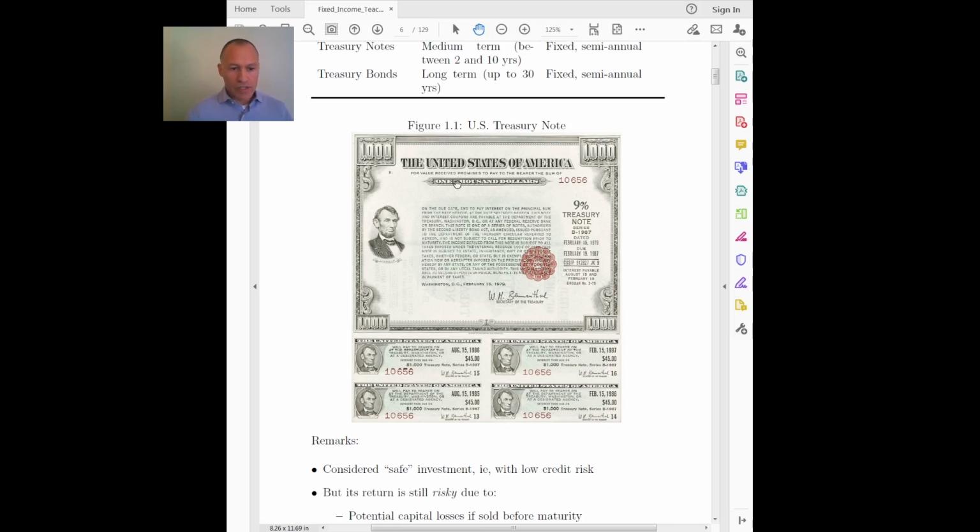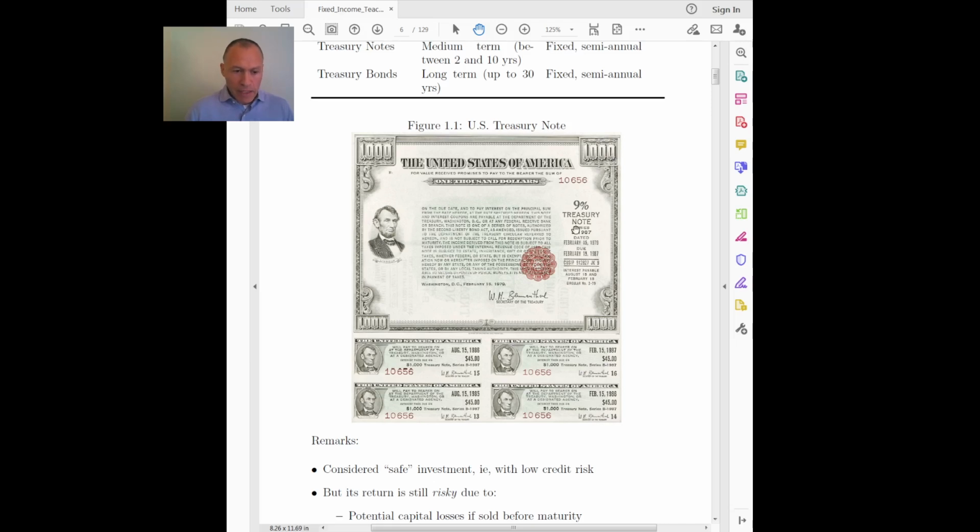So for example, you have here this piece of paper, and here you have this value written here, $1,000. We call this the face value of the bond, because it's the value that is written right here on the face of the bond. In these old days, you would buy one of these papers, and that paper represented $1,000.